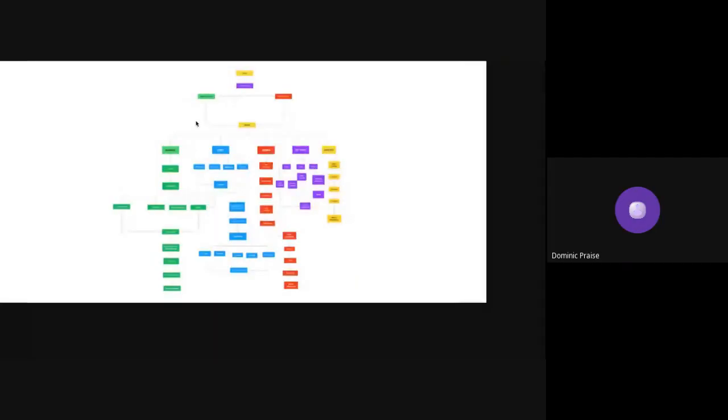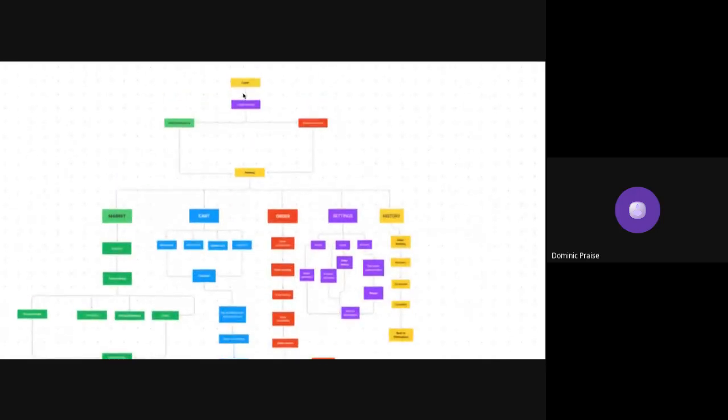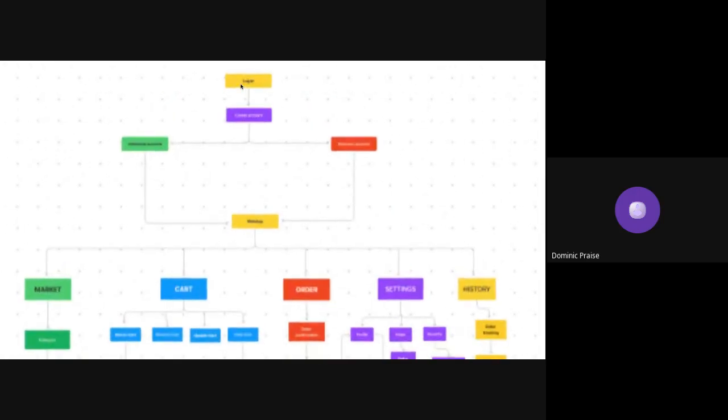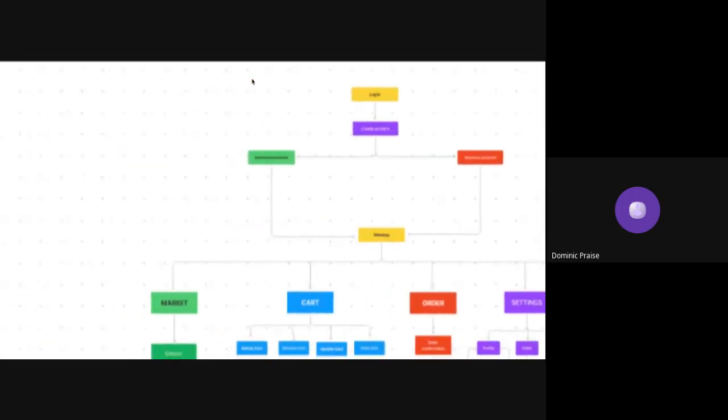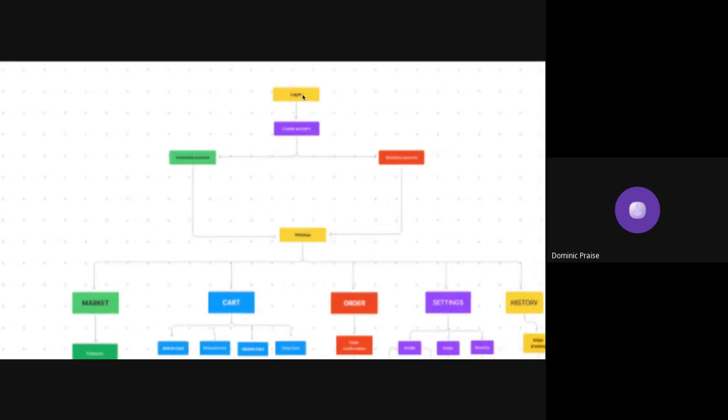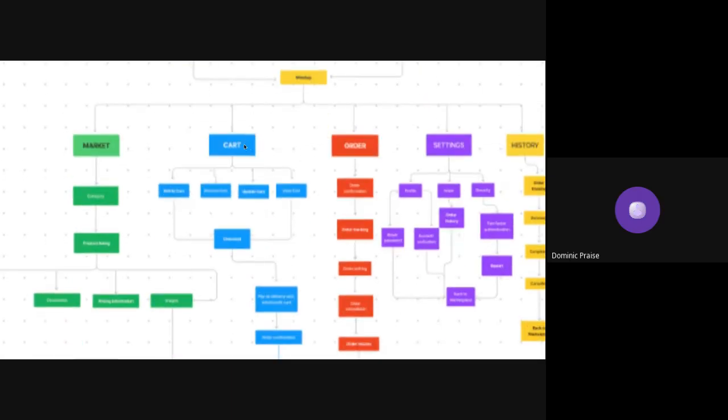Let me try to open this image and share my screen, so we'll be able to have visuals on what we're talking about. Can you see my screen now? On this flow here, we have login, create account. This is a flow that shows that when users are on this cart page, these are the actions and all of that.